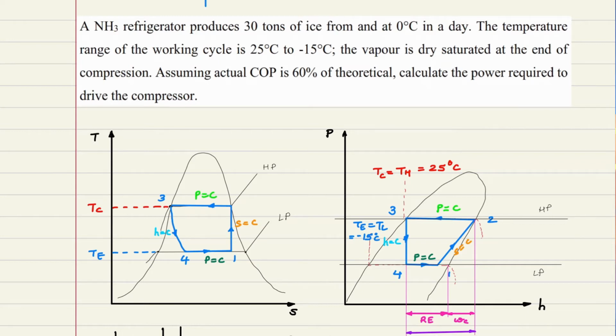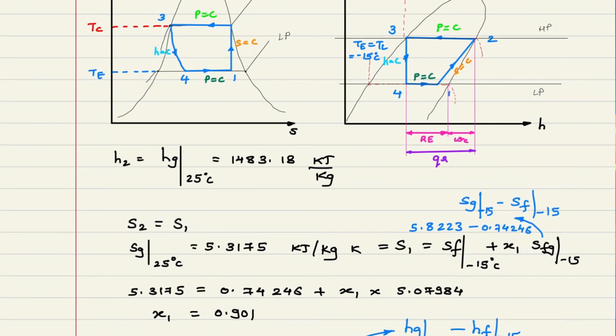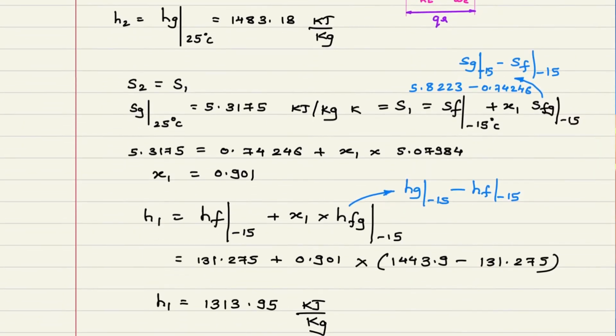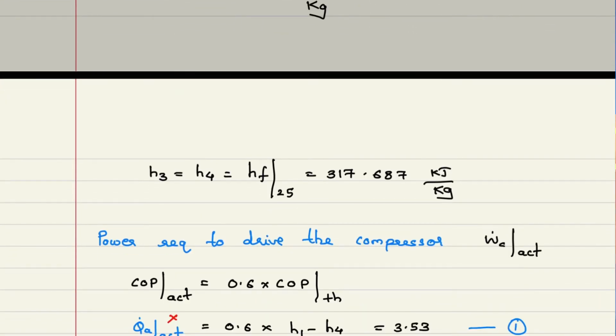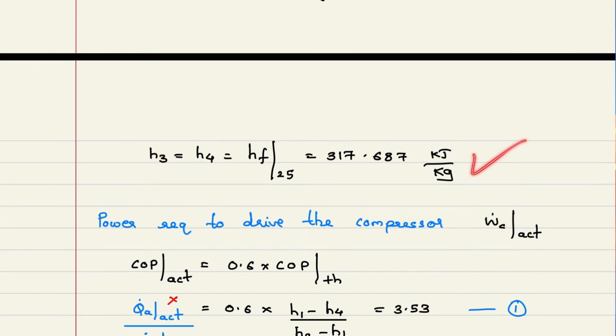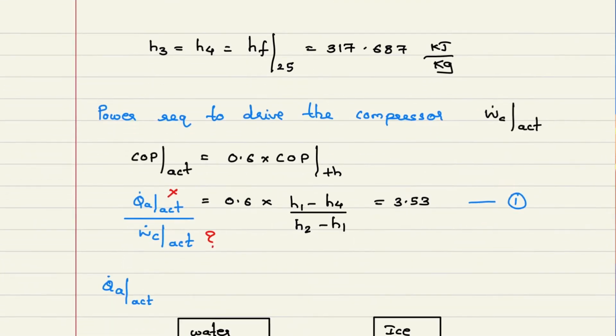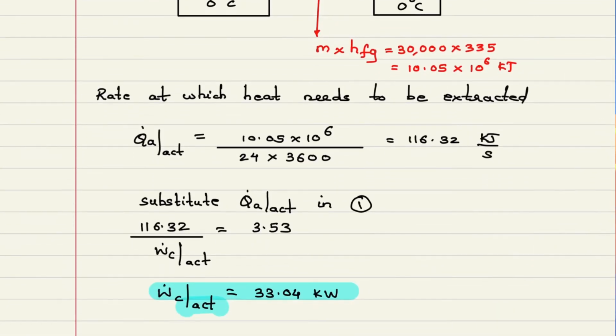So from the table method we calculated first H2, then using S2 equal to S1, we calculated X1 and used that X1 to calculate H1. After this, we read the value of H3 equal to H4. And finally, we calculated the power required.